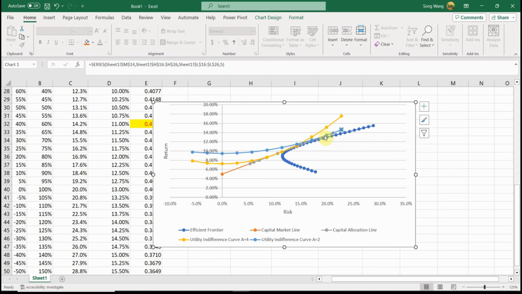So that means at that point, this investor has the highest utility. This person is the happiest, and that's for a less risk-averse individual or a more risk-loving individual. This person prefers to invest more of his money in the risky portfolio, and he's going to trade on margin by borrowing at the risk-free rate to invest more.